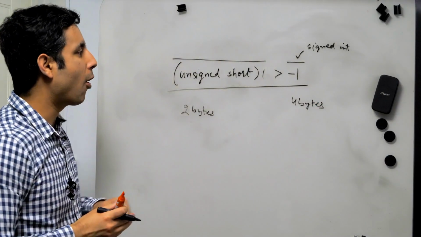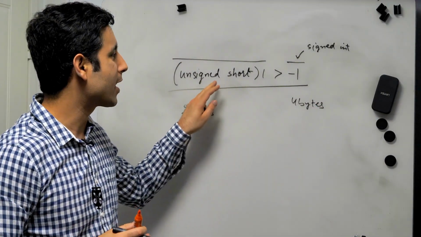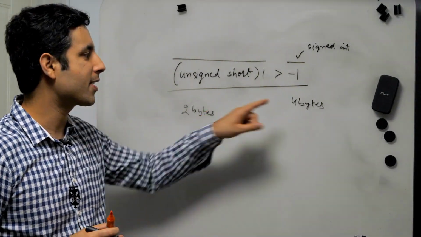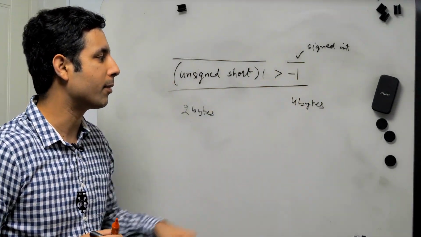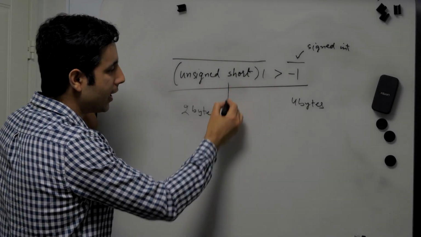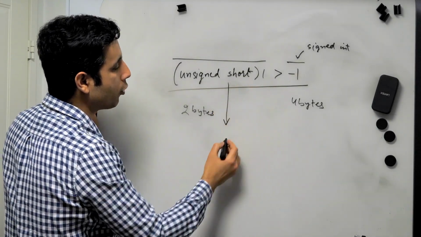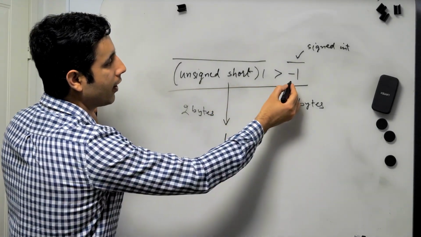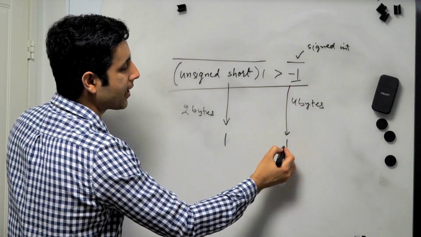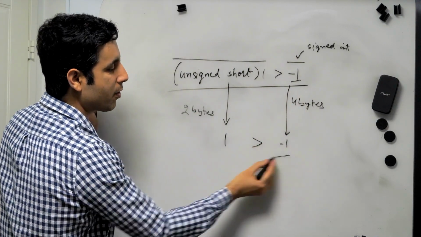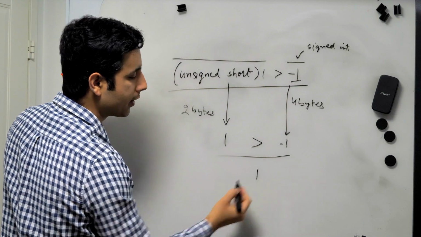So obviously all the unsigned short values can be represented in a signed integer because it's higher in size. In integer promotion, this would be converted to integer and this would remain as it is, -1. So obviously the expression would evaluate to 1. That is true.